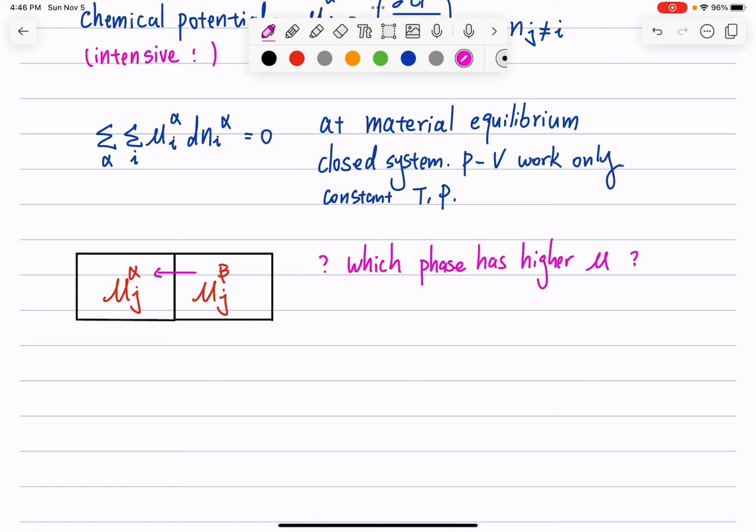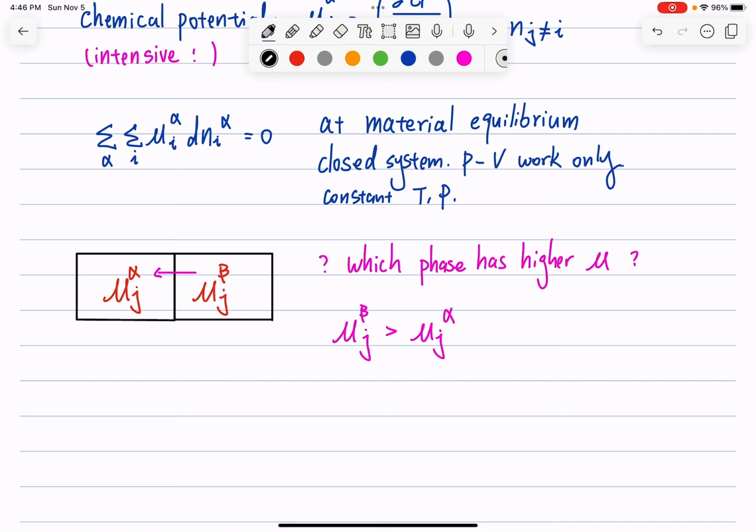Remember, in irreversible processes, your substance always flows from a phase with higher chemical potential to a phase with lower chemical potential. So in here, what we can conclude is mu_J^beta will be larger than mu_J^alpha.